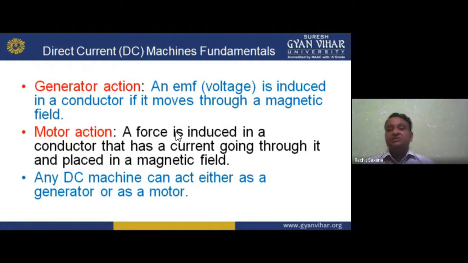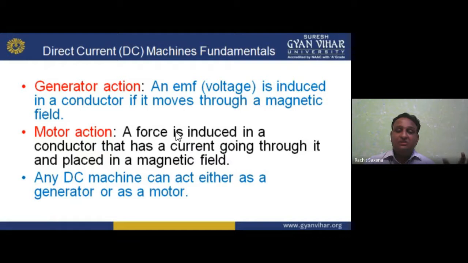So any DC machine can act either as a generator or as a motor. Though we have the same function, we can make a generator into a motor and a motor into a generator. A motor is basically a conversion device which converts electrical power into mechanical power, means rotation, revolution, torque. And the generator is the reciprocal or inverse of it: it converts mechanical power into electrical power.